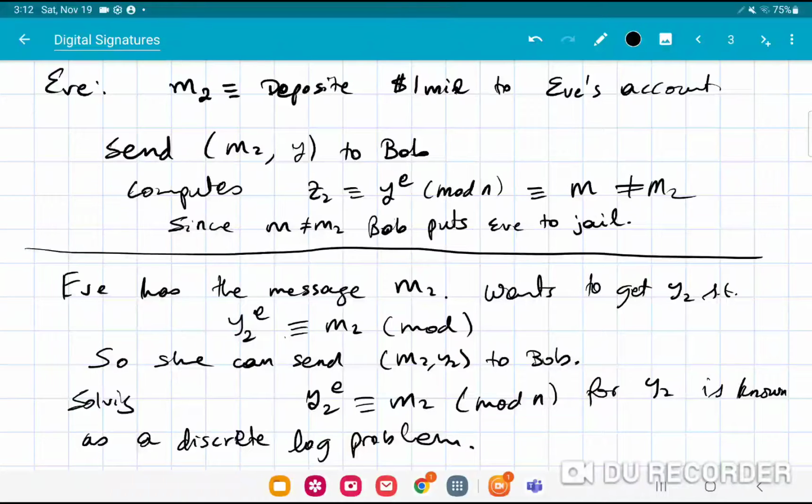This is proven to be as difficult as factoring P and Q. If we can factor P and Q, we could do everything, but P times Q is difficult to factor, and that's as difficult as solving this equation for Y2. We know this, but we don't know Y2. And this is difficult to solve.